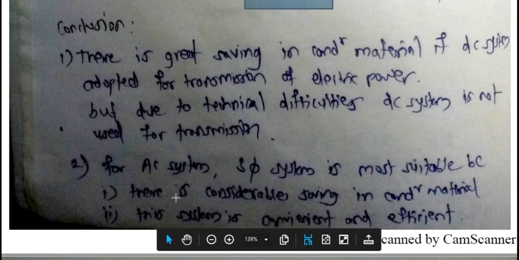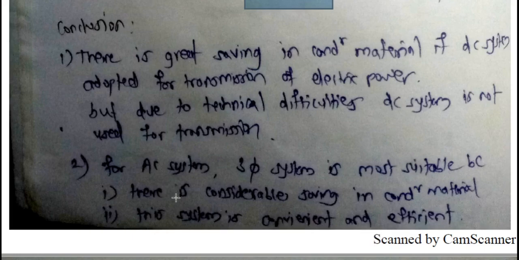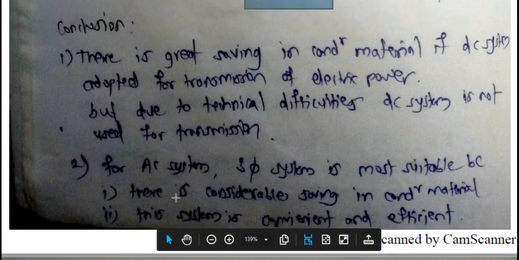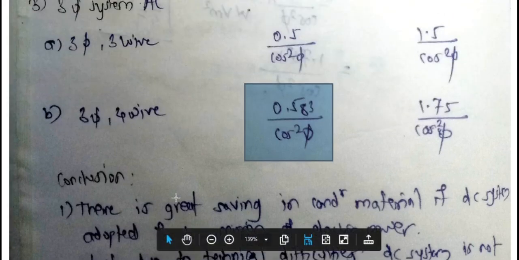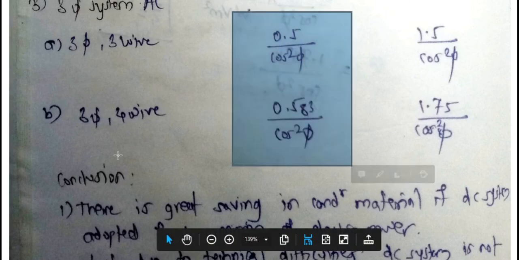This system is convenient and efficient. So this is the conclusion of the story, that we have to use the overhead transmission for the three phase 3 wire and three phase 4 wire.